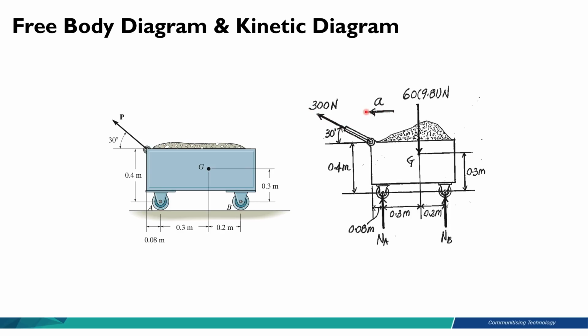And here, a denotes the kinetic diagram. This is the direction that the trolley is traveling.